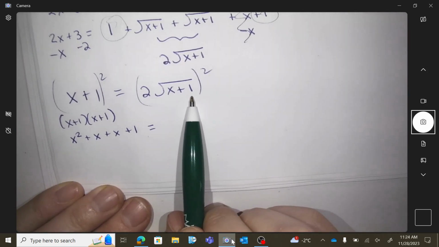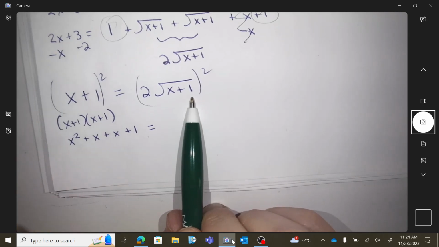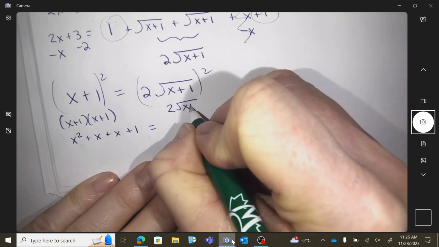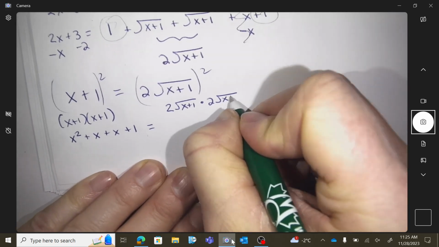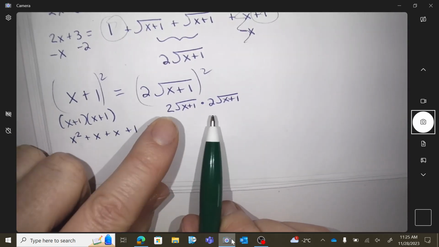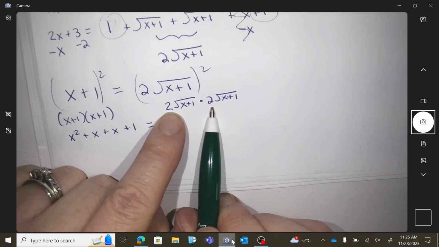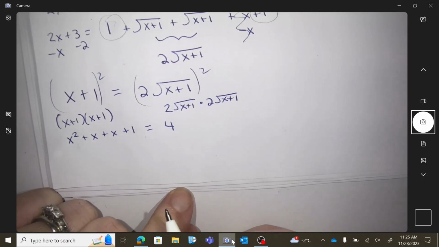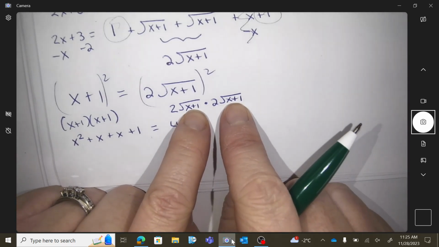Okay, now this, you're squaring it, so you're repeating it twice. You don't have to write this, but what am I doing? I'm repeating it twice. So what happens to the front number if you repeat it twice? 4. What happens to the radical?